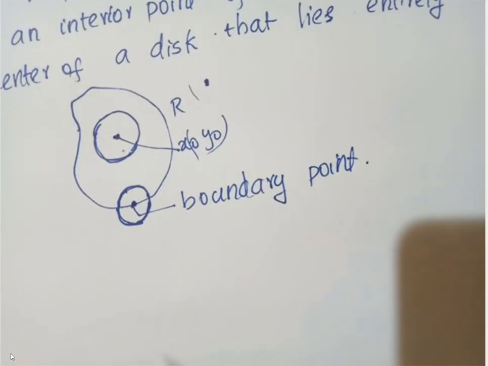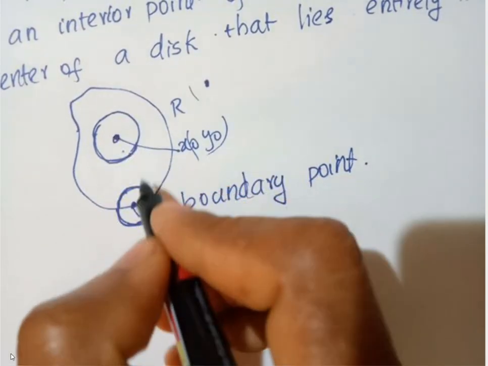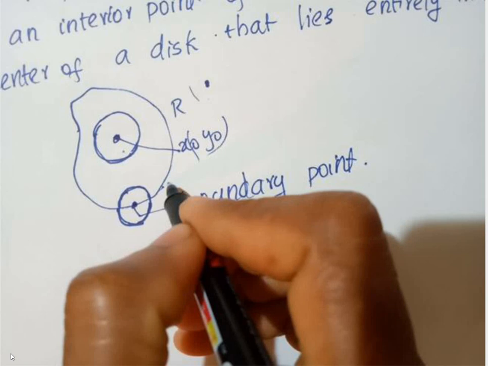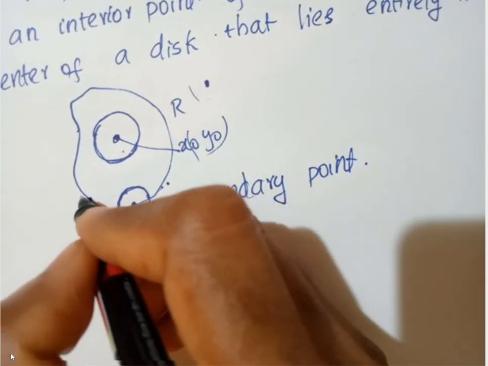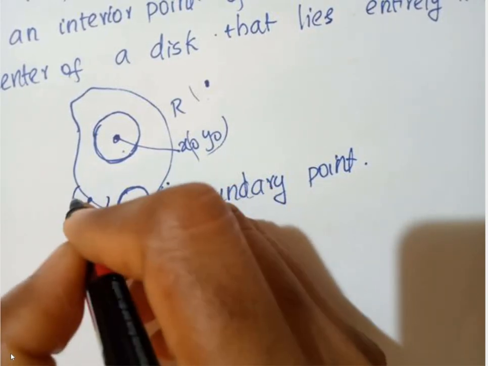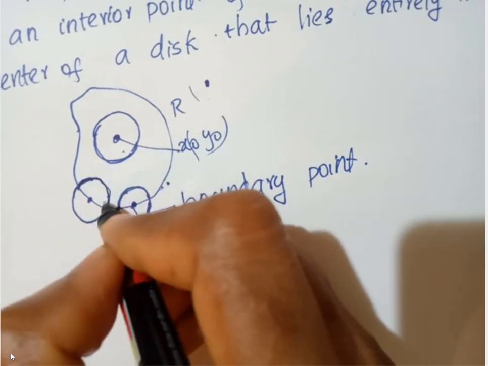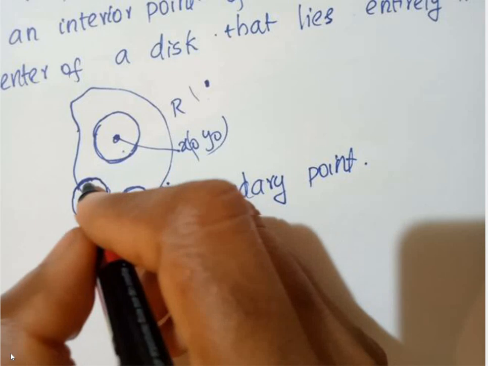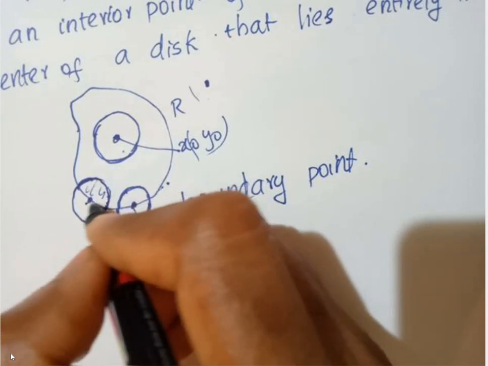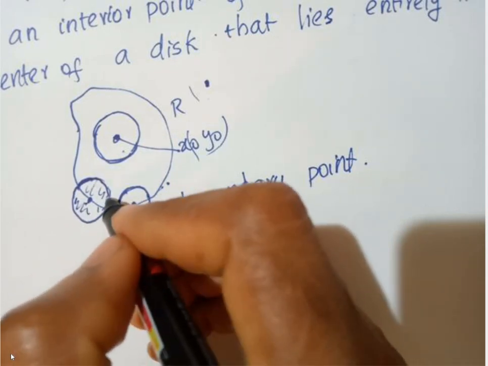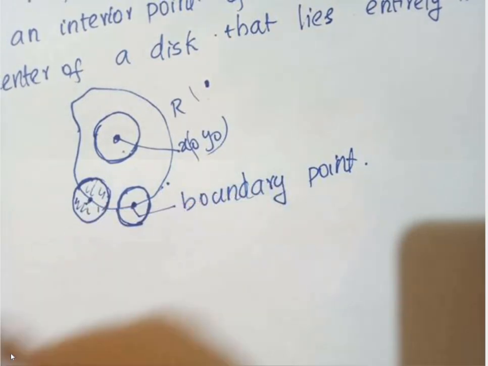So this is the interior point and this is the boundary point. If you draw any disk centered at this point, some points lie inside the region and some lie outside the region, so this point is a boundary point.